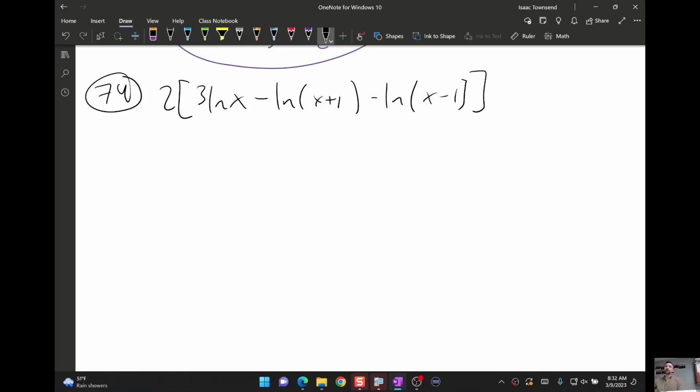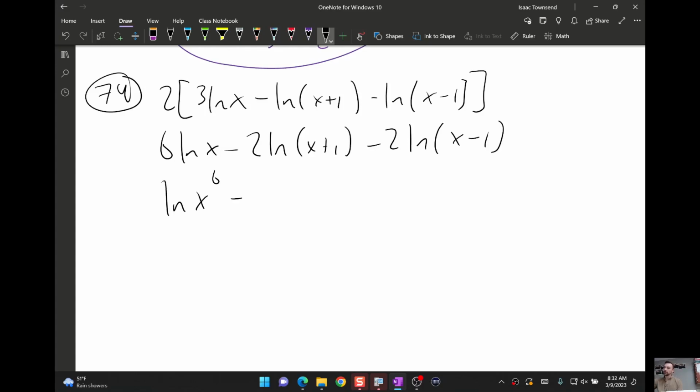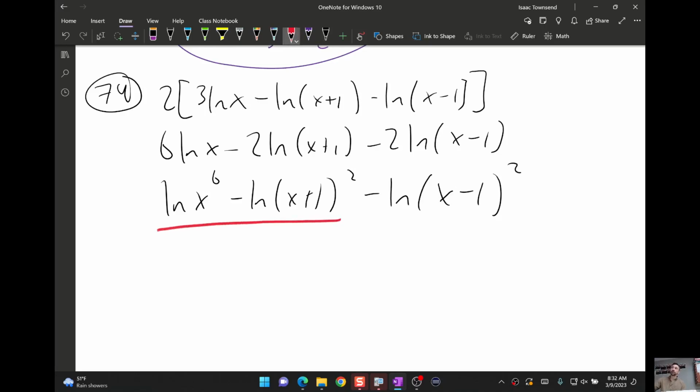Okay, in 74, first thing I did was just get rid of this 2 by distributing. Since I'm condensing, I need these coefficients up out of the way, so I brought them up as exponents. Then I went ahead and condensed these 2. Subtraction condenses to division.